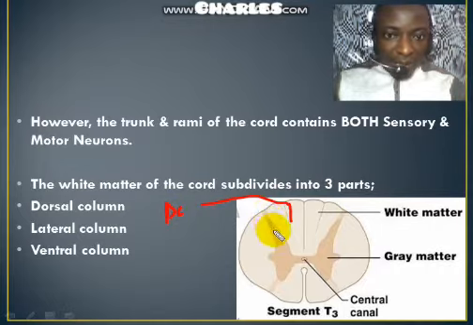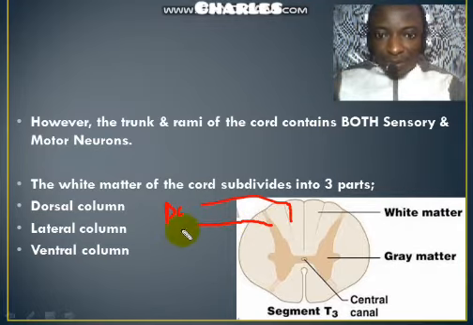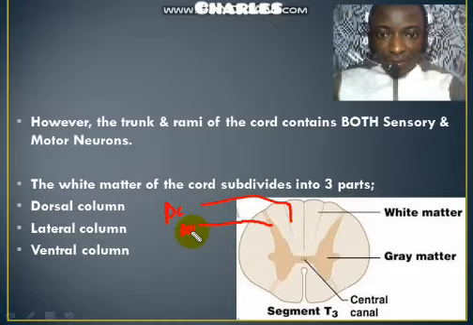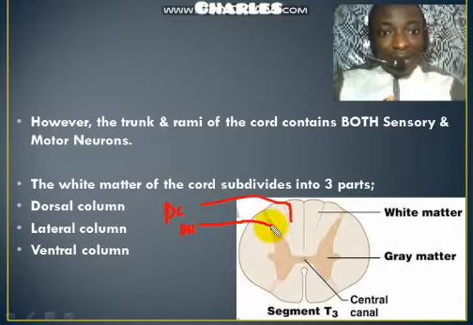Remember, this part is what? The dorsal horn. Let me label it for you. This is the dorsal horn. The dorsal root horn is a part of the gray matter. Remember the butterfly shaped part.